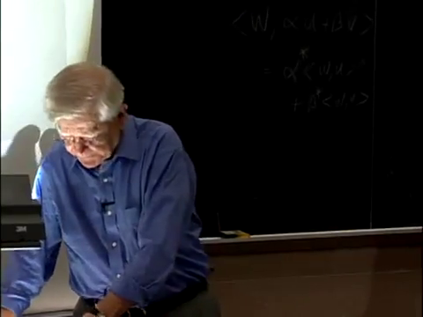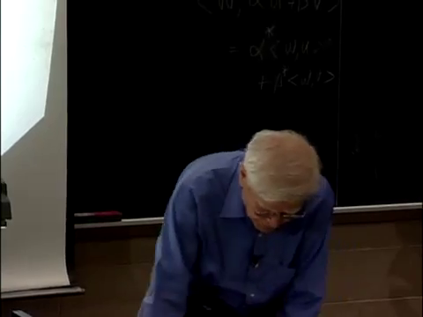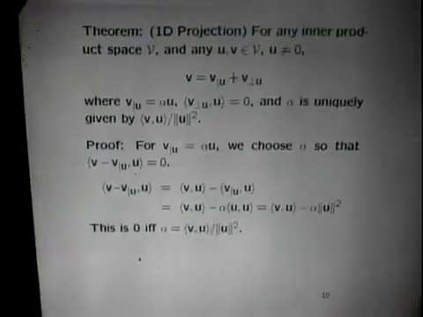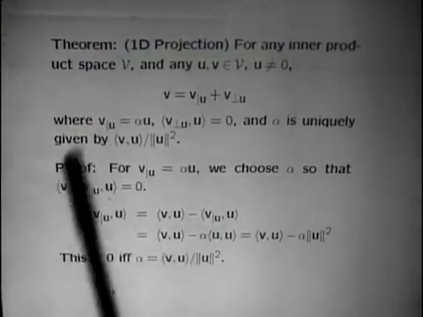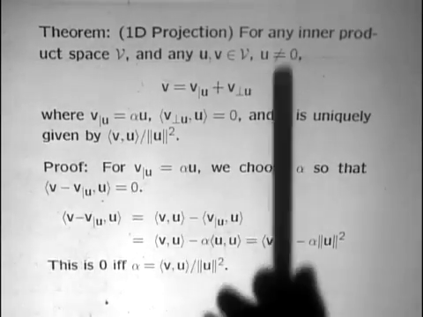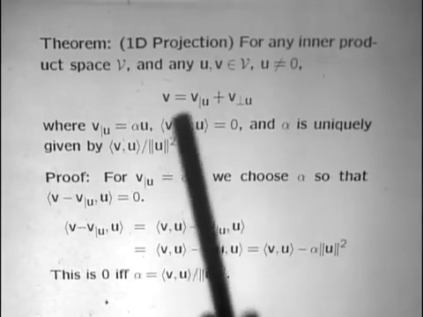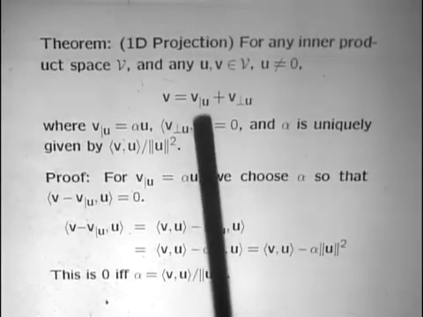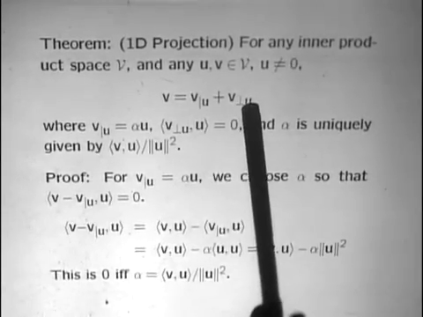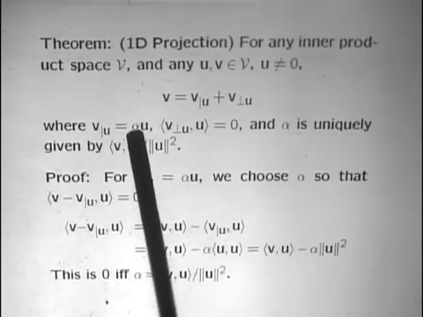Okay, so let's see why this complicated theorem is in fact true. Let me state the theorem first. It says for any inner product space V and any vectors u and v in V with u unequal to 0, I hope I said that in the notes, the vector v can be broken up into a collinear term plus an orthogonal term where the collinear term is equal to a scalar times u.